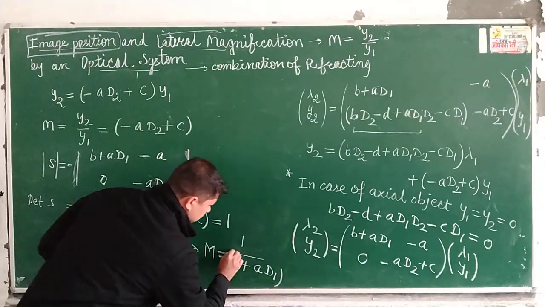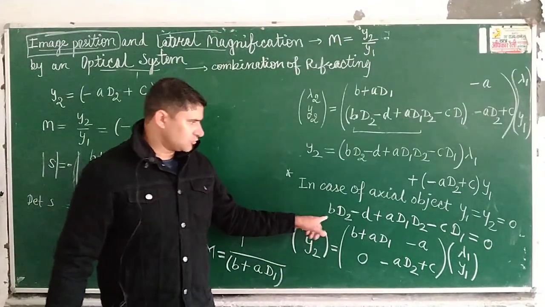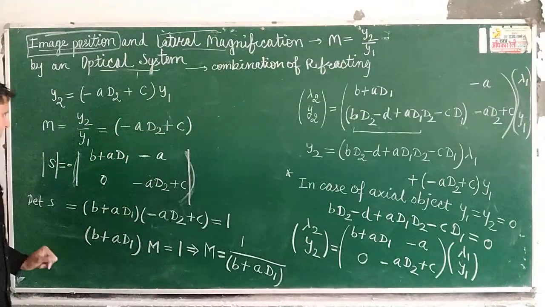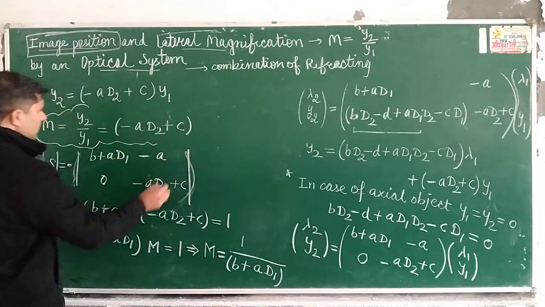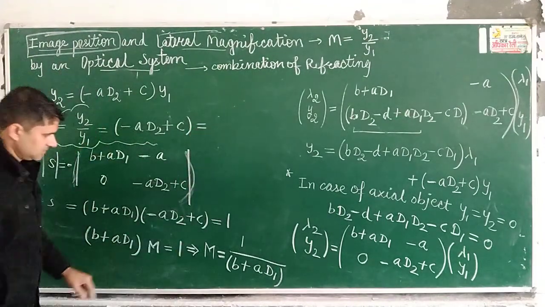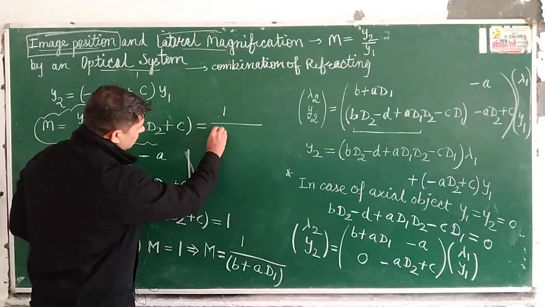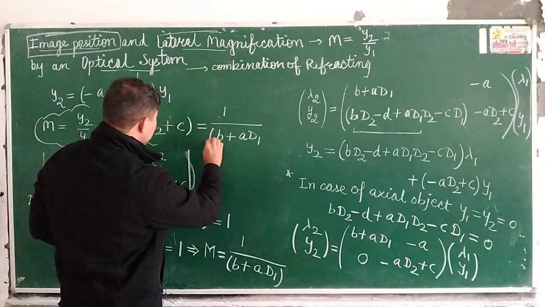Okay, so this is how you can find the relation between the object distance and image distance and the magnification. So magnification is 1 by b plus a d1.